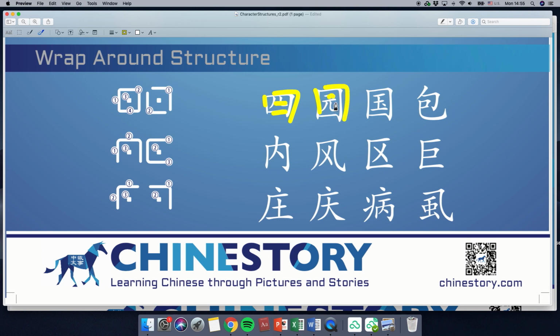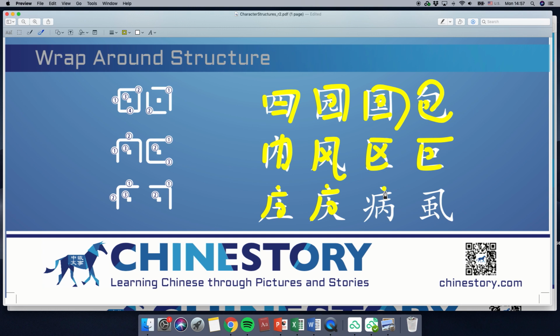Write the outside first, then inside, last to close. Outside, then move inside.